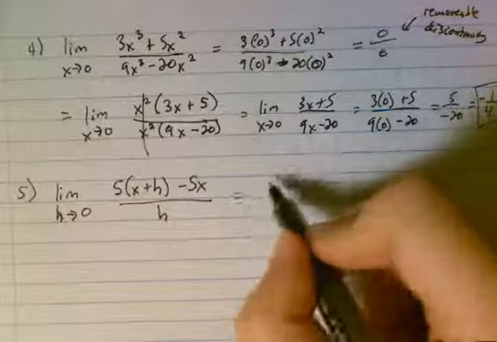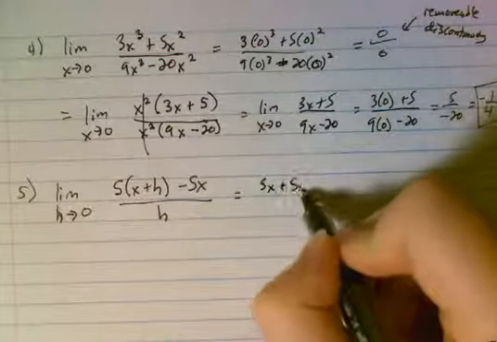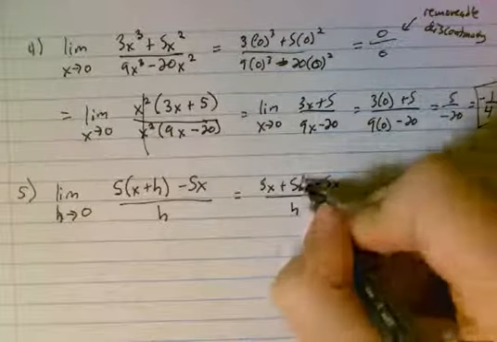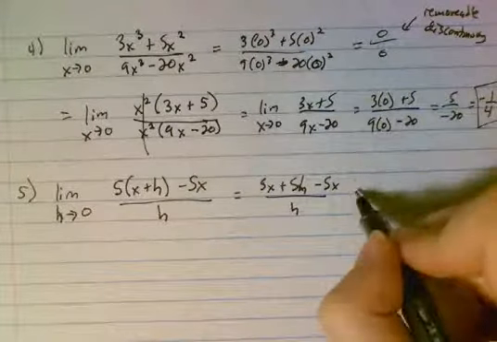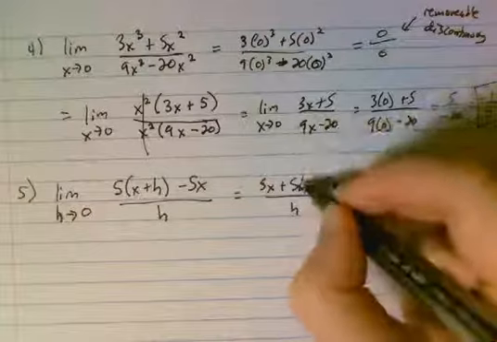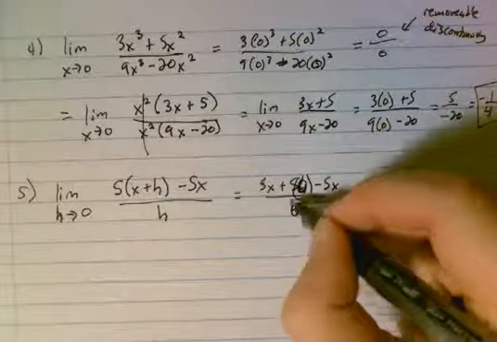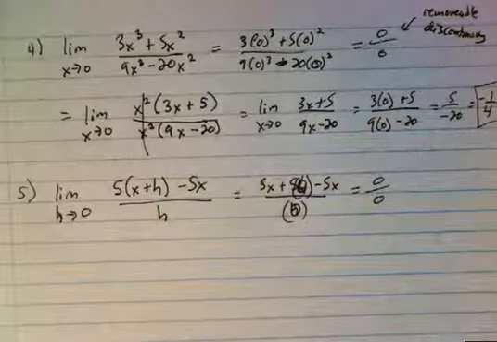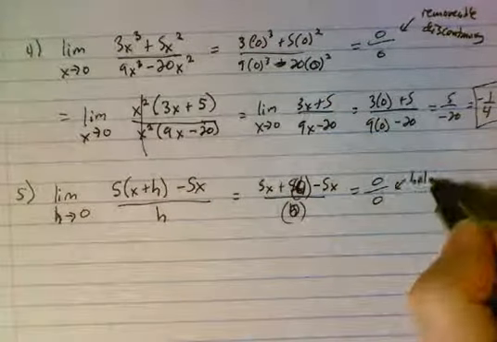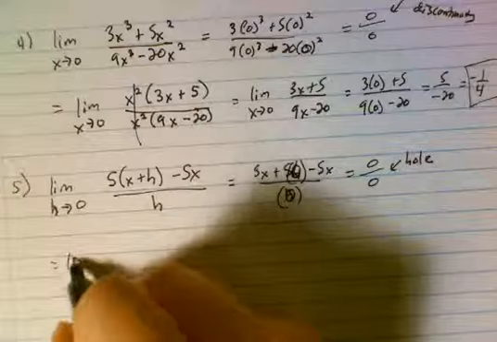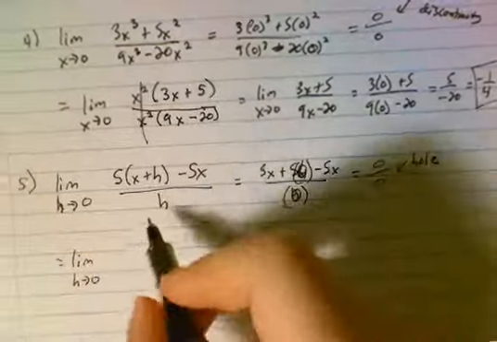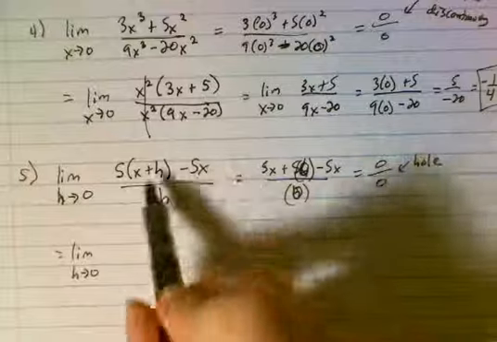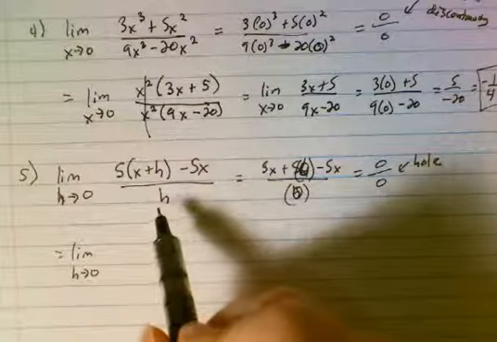And we notice that if we just plug it in, we've got 5x plus 5h minus 5x over h. If we plug 0 in for h, this is 0, this is 0. 5x minus 5x plus 0 is 0, so it is indeed 0 over 0. So right now we're not seeing anything that really cancels out terribly well here.